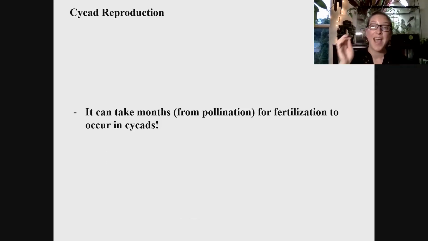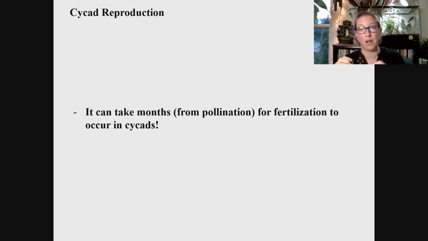Okay. And it can take months between when the pollen grain lands where it needs to land, on the ovule, and the sperm from that pollen grain fusing with an egg. This is part of the reason why cycads are facing extinction, because they have very, very slow reproduction.